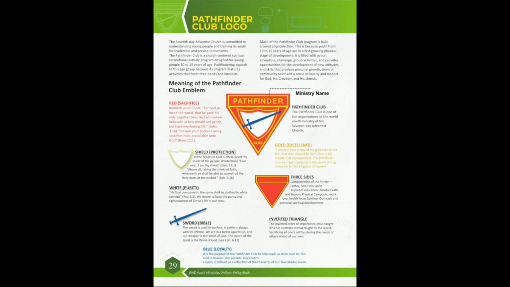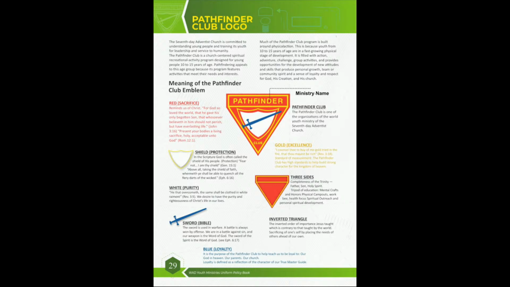Actually, red means sacrifice, and it has shield, which means protection, and it has gold, which means excellency. So it has three sides, and these three sides actually mean the Trinity. And on the other side, these three sides again. So our scarves usually have three sides.